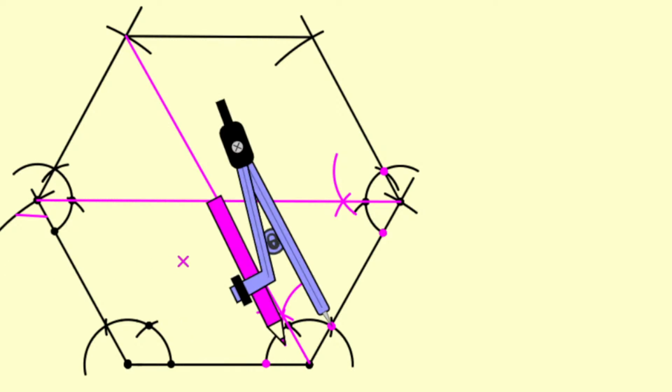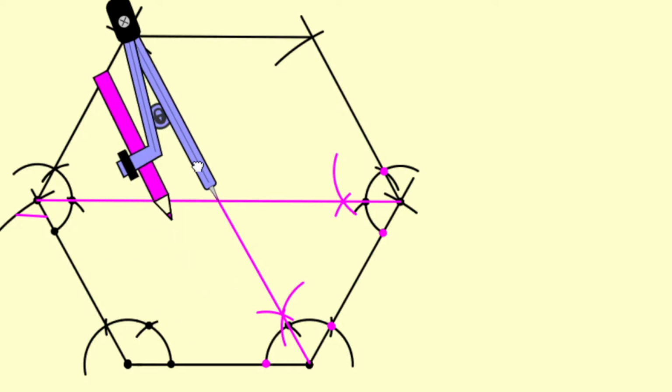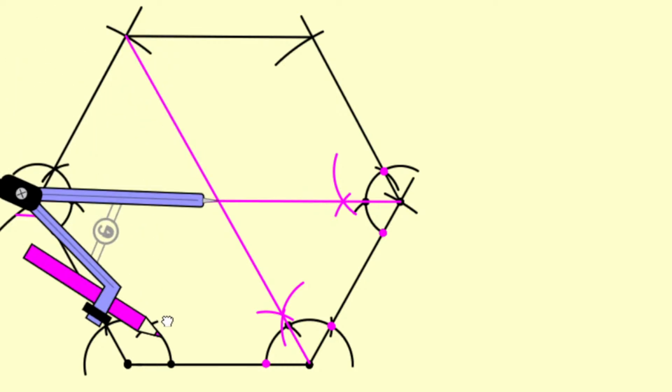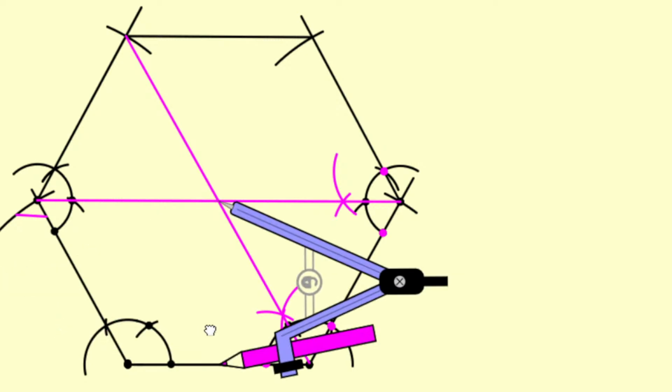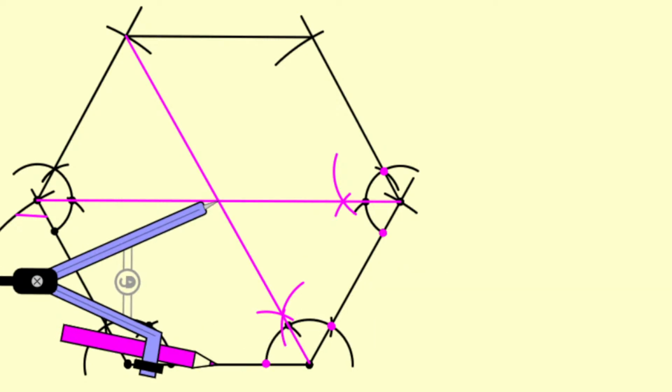What we can do is keep your compass at the point of intersection. Now you have to adjust your compass to this length, so that your compass touches the side of the hexagon.